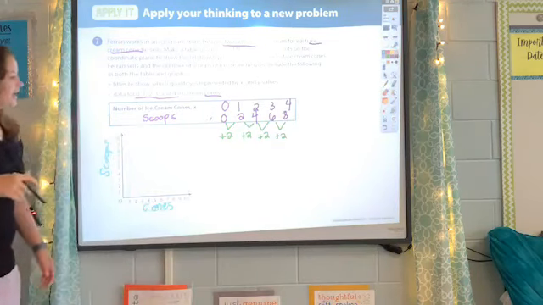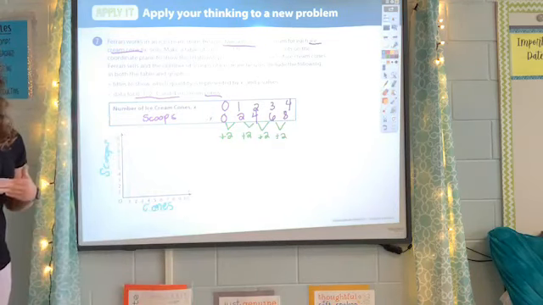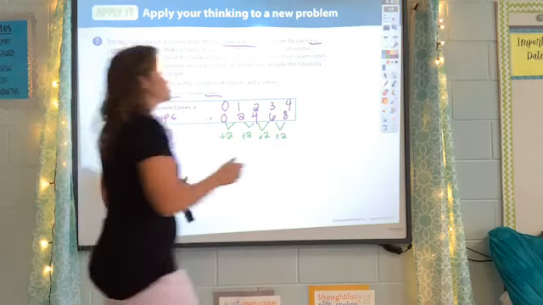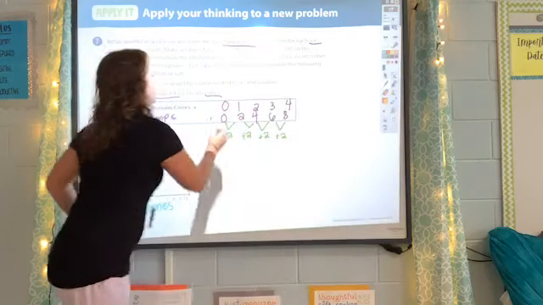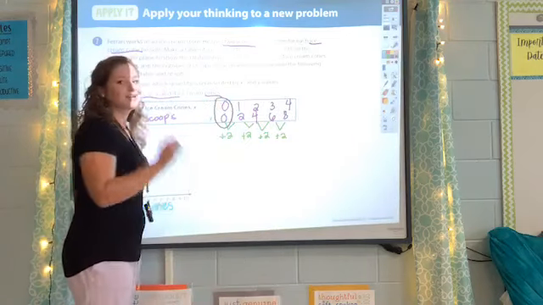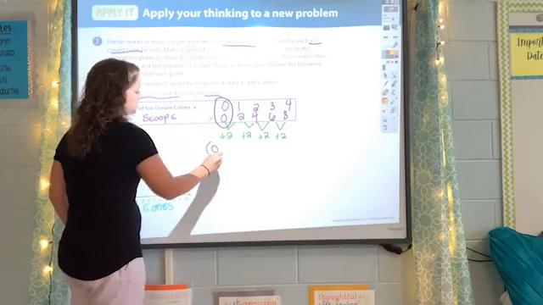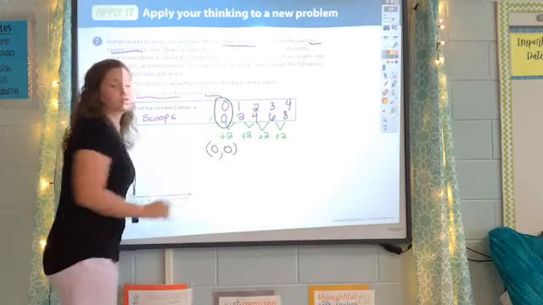Okay, so now that I have that, I'm going to go ahead and create some ordered pairs here. If I'm looking at this first one, remember our x comes first. So we've got 0 cones to 0 scoops.